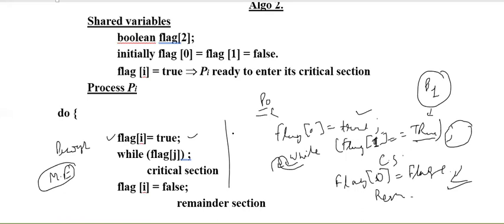At the same time, Pj arrived and it has done flag j is equal to true. Now, what will happen? Both have made true. Both will move into the next line.